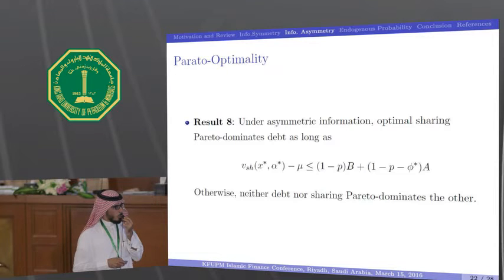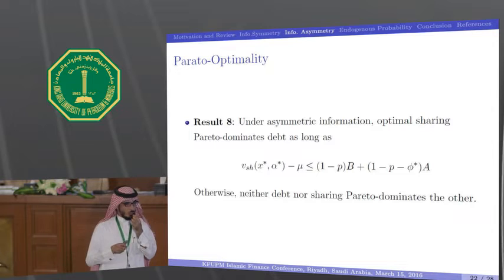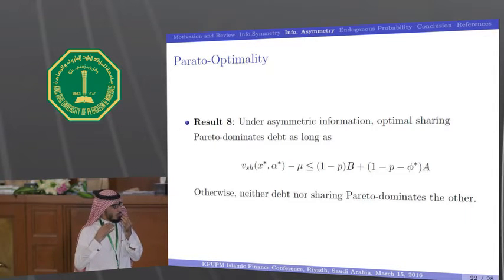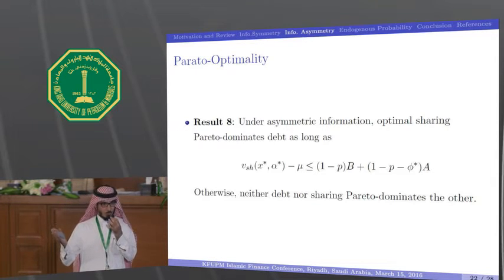This one is exactly the same as the one before under information symmetry, except that we now have this term here, which is the optimal audit probability, and this is the audit cost. This increases, so this basically says that under information asymmetry, the range where sharing Pareto dominates debt is larger.